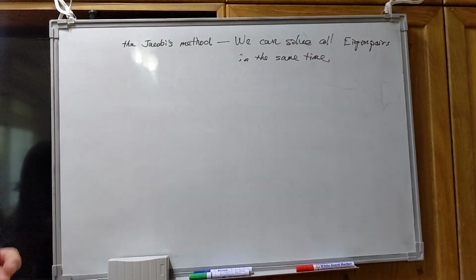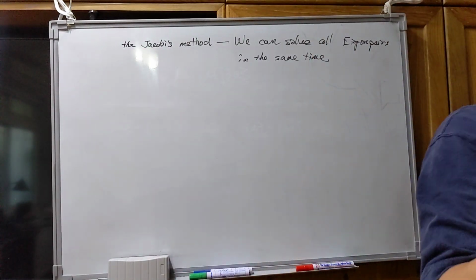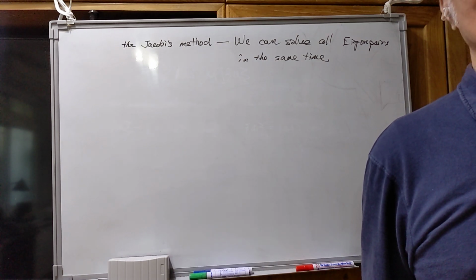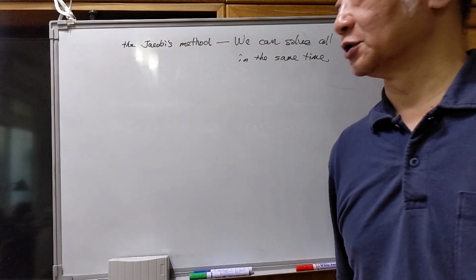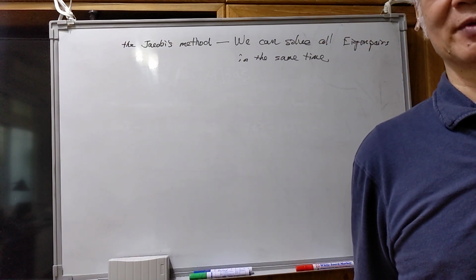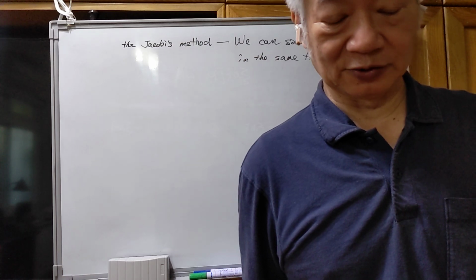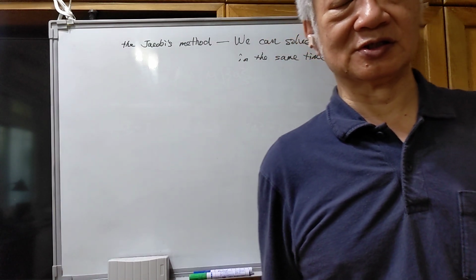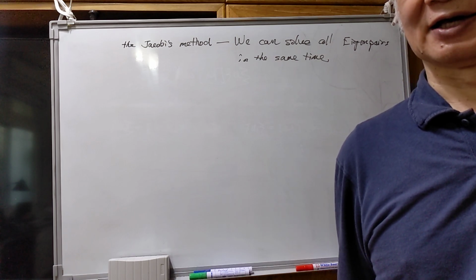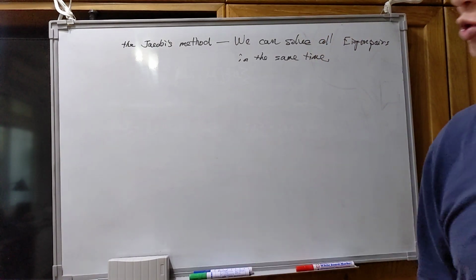If we use the Jacobi's method or the generalized Jacobi's method, we will make all the off-diagonal elements close to zeros. As long as you finish the solution procedure, you got both A matrix and the B matrix, both of them close to the diagonal matrix, then it is very easy to finish the calculations to get all the eigenvalues and all the eigenvectors. Okay, so that's the Jacobi's method.